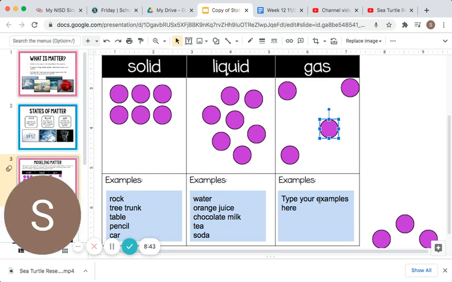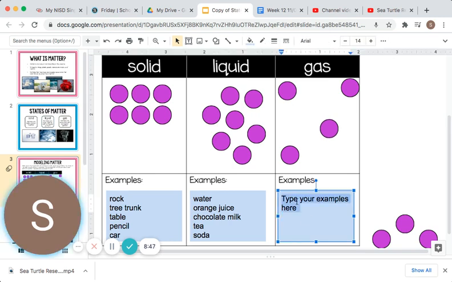All right. So what are some examples of a gas that we could put? Okay, so air, that's an important one. We breathe air, right? We could also say maybe a perfume is an example of a gas in a way. Or actually, no, I take that back. Not perfume. I think perfume would go more with liquid.